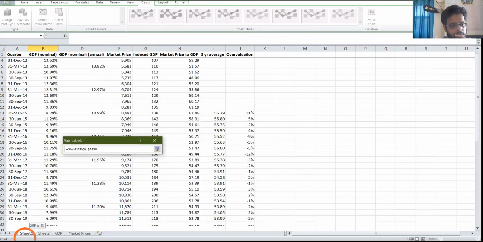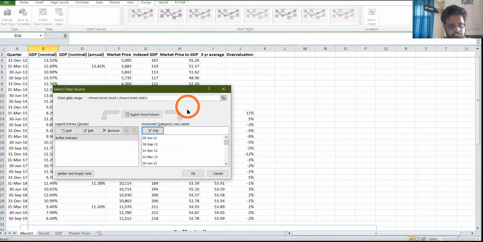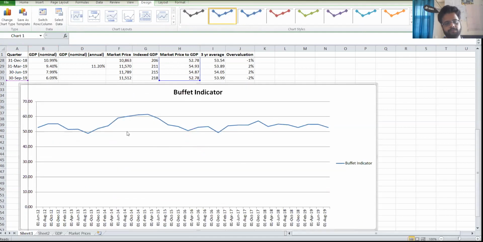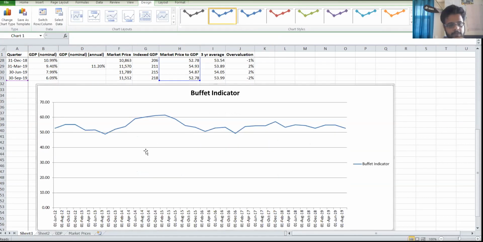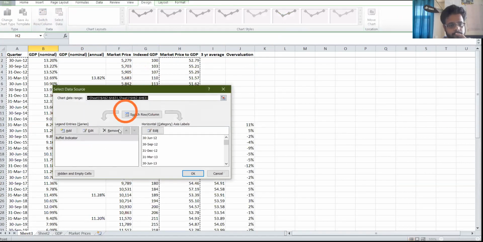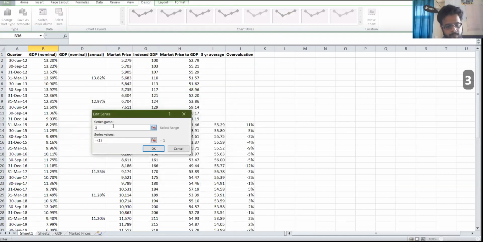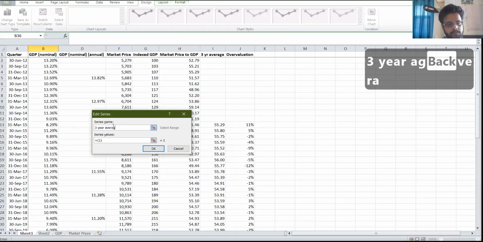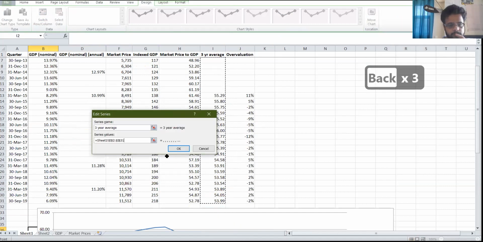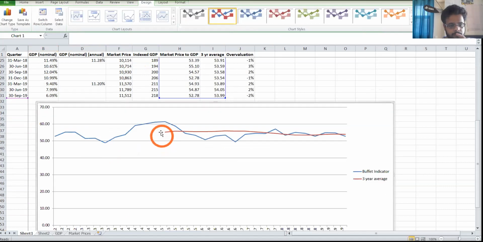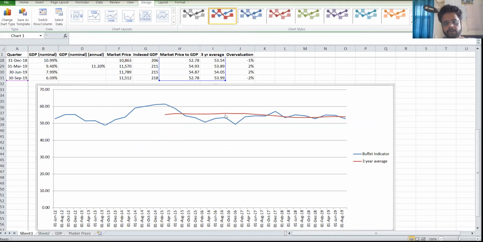And this is the timeline in which the Buffett indicator moves. So the Buffett indicator has been very stable throughout this time. Now, what's the 3-year average Buffett indicator? It will be an even more stable quantity. So over time, the 3-year Buffett indicator has actually not moved much, but it also gives us an idea of when the market has been overvalued and when the market has been undervalued.